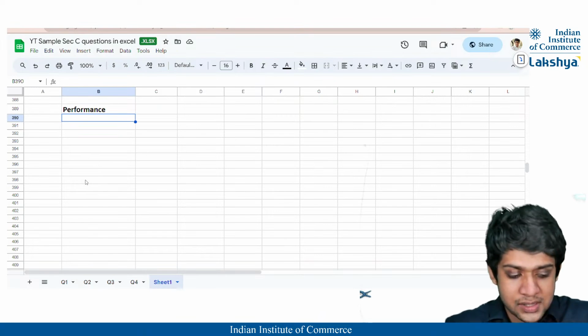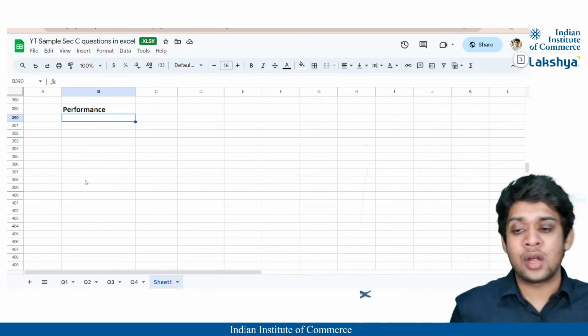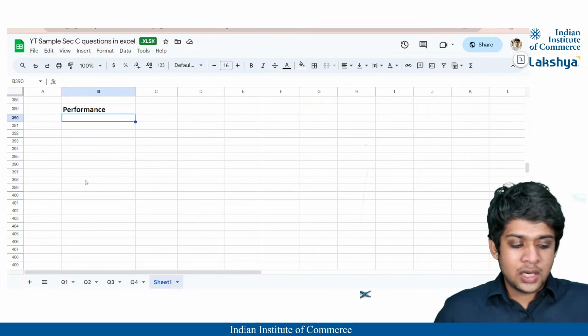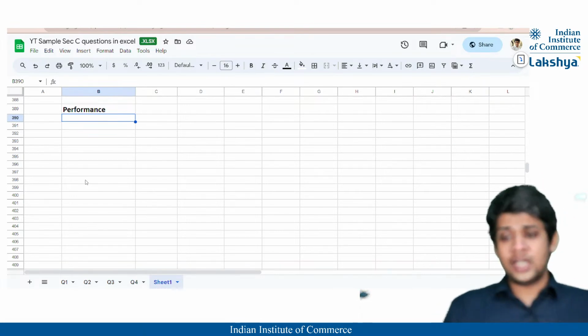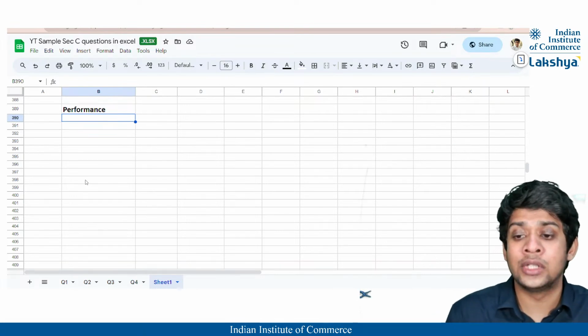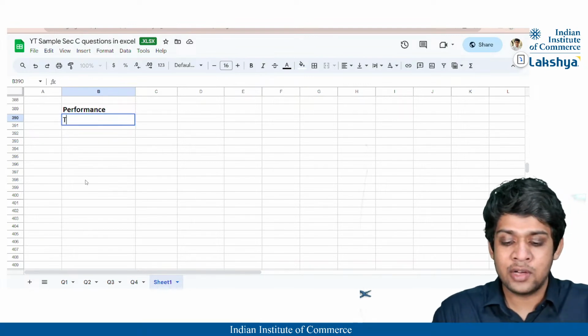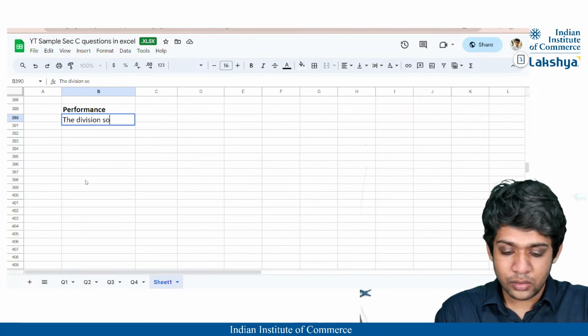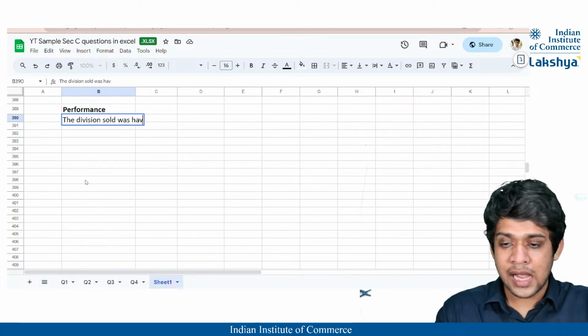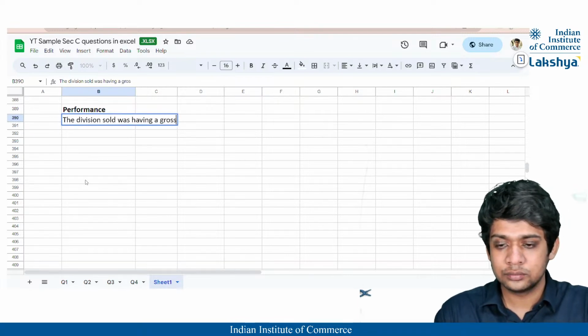So firstly, guys, let us talk about the division which is sold off. You can also calculate ratios within that. So I will show you how the division sold was having a gross profit margin.